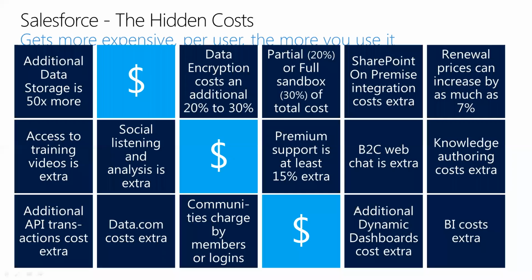Now I have created a small slide wherein you can see what all hidden costs are there from the Salesforce perspective. They start small, but for every increase in the storage or something, there are a lot of things, as I mentioned.